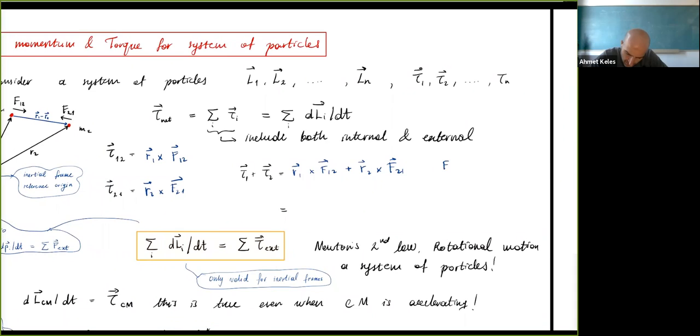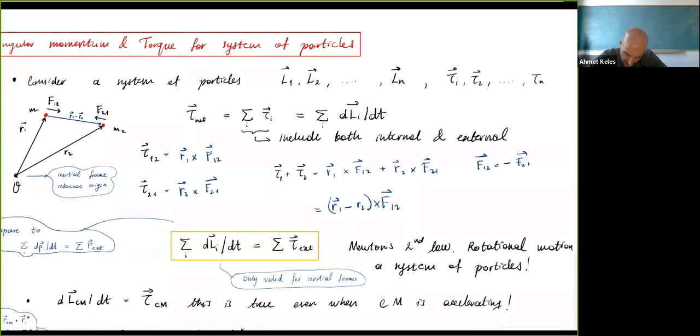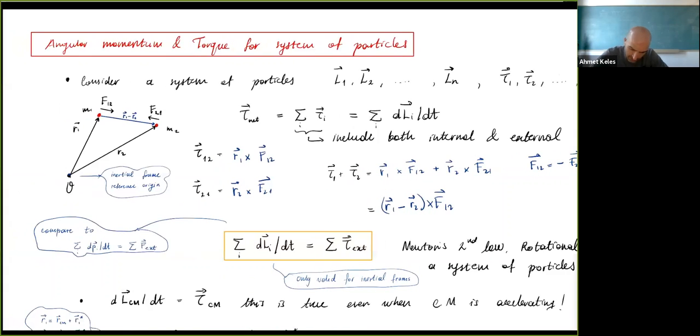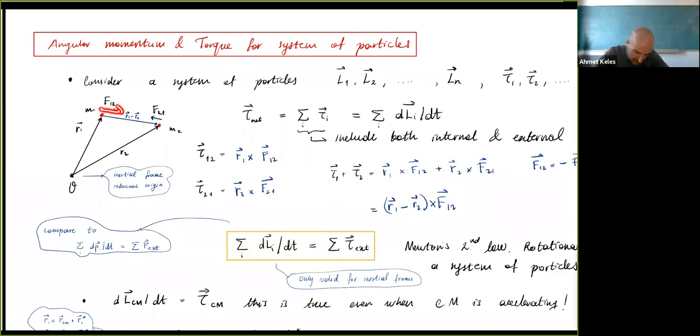So F12 is equal to minus F21. So we can write this as R1 minus R2 cross F12. This is a cross product. So let's look at this object, R1 minus R2. There's another vector here. F12 is along this direction.